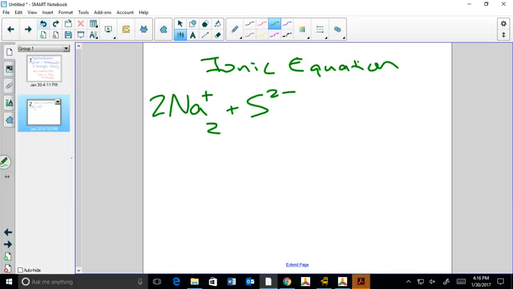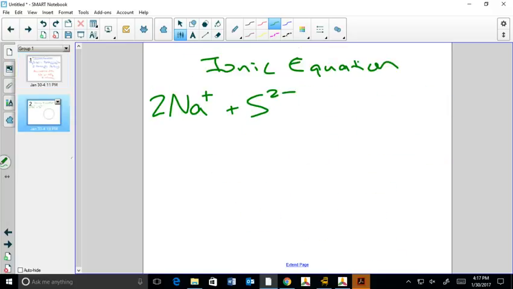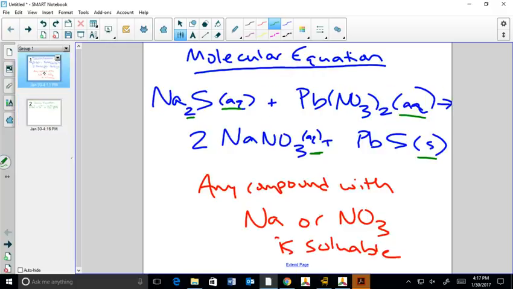I don't want that, because I'm not trying to balance these two ions. I'm just showing you that I have 2 of them in my compound. So that will react with a Pb 2 plus and NO3, which is a 1 minus. And again, I have 2 of those, because again, if you see, I've got my 2 there.